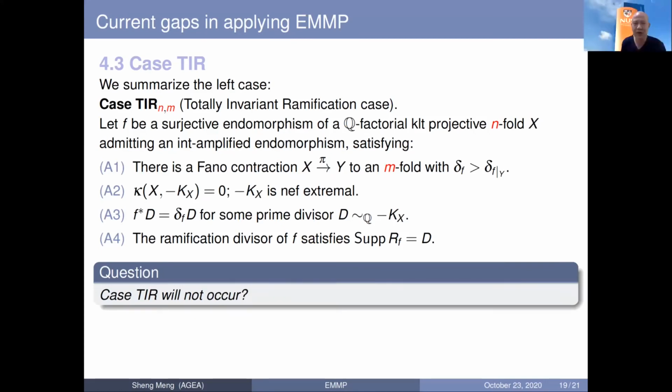Any other questions or comments? So if you have a polarized endomorphism, do you expect that after some finite iteration, the pullback acts as scalar multiplication on the Néron-Severi space? No, this is not true.